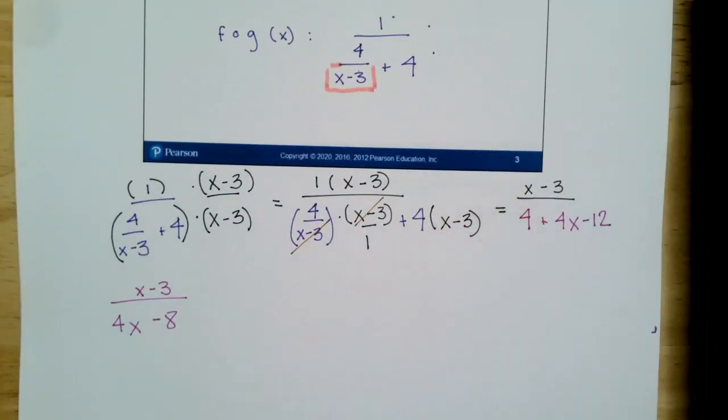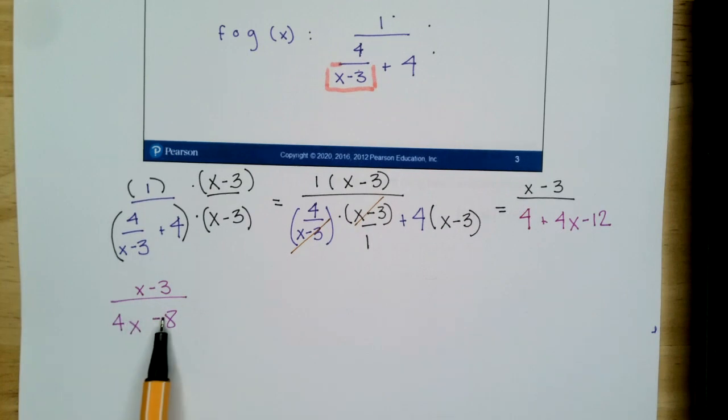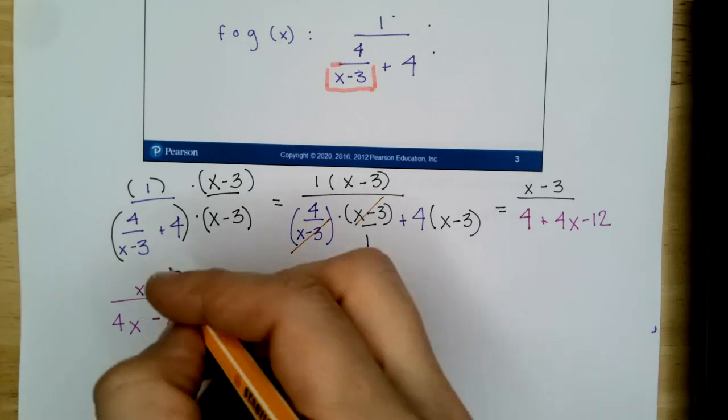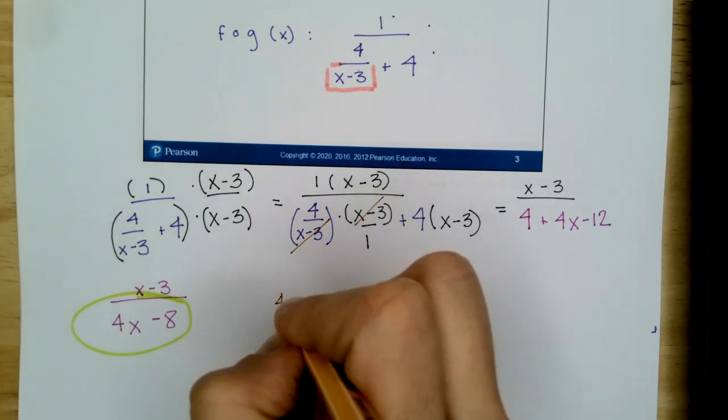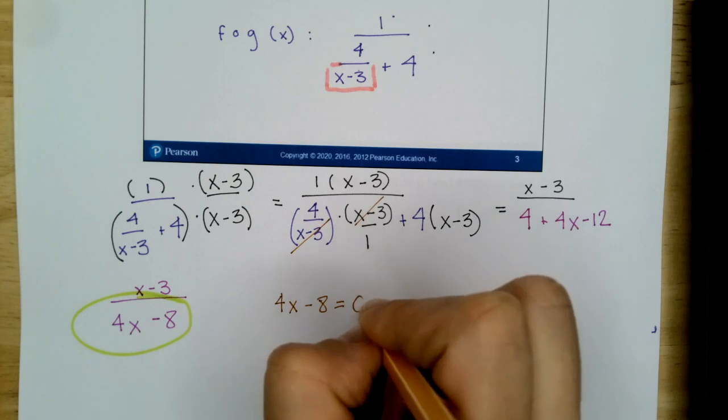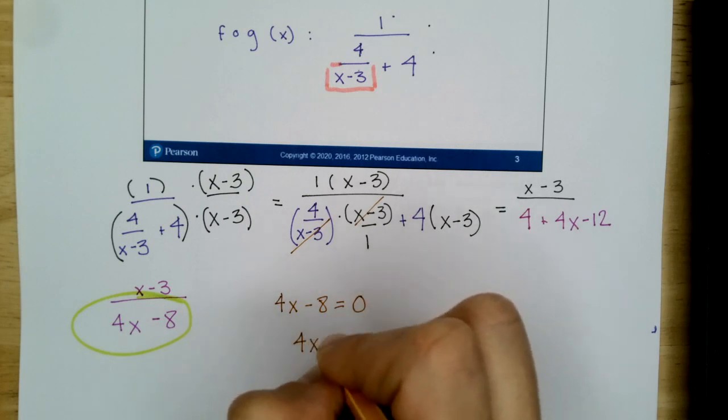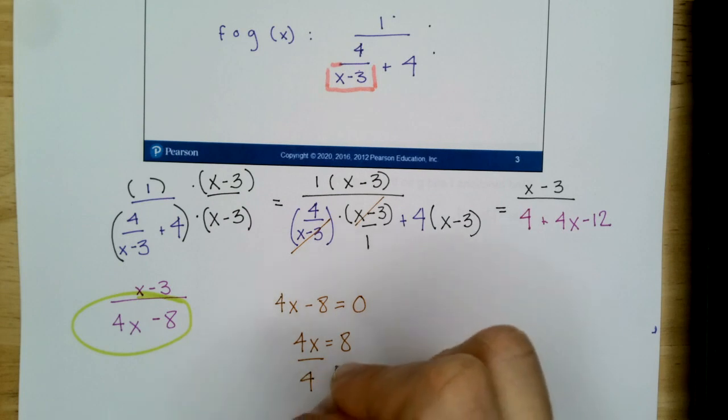but it asks us to find the domain. So what value can be multiplied by 4 and then have 8 subtracted from it and equal 0? Take your denominator and set it equal to 0, and solve for x.